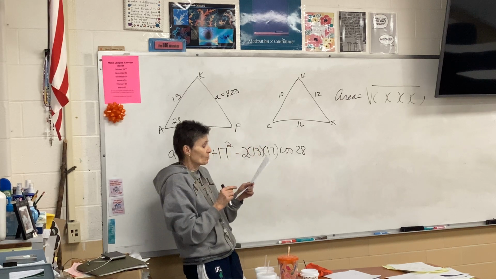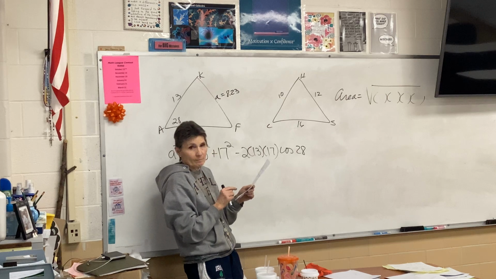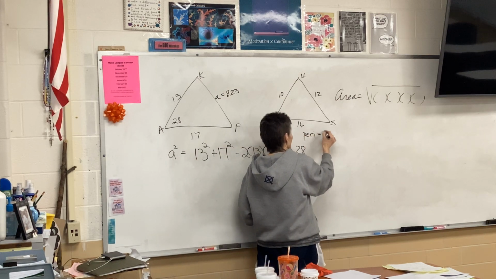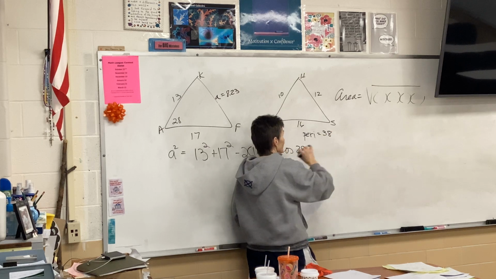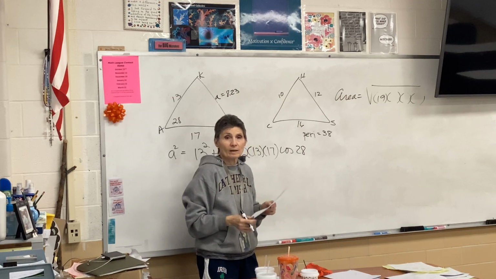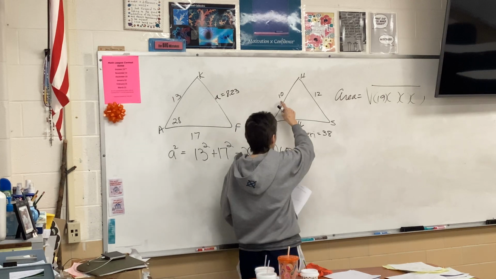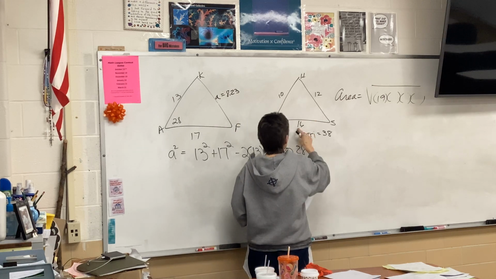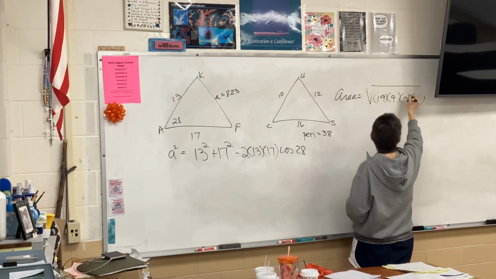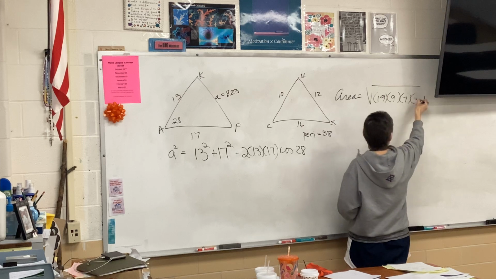If the perimeter is 38, then half of it would be 19. So that's the number I start with. And then I'm going to take 19 minus each of these: 19 minus 10, 19 minus 12, 19 minus 16.